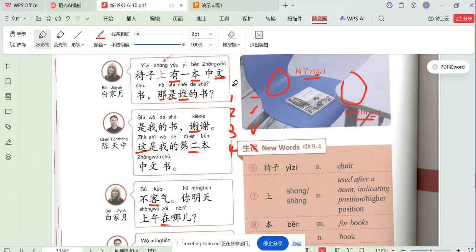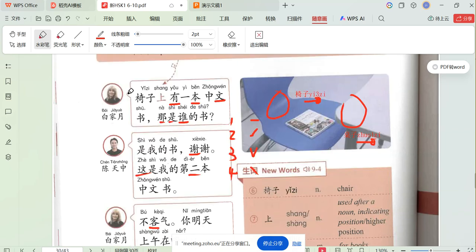So these numbers are the tones of those Chinese characters. The number I write in pinyin means their tones. If you have any question, you can directly ask me on WhatsApp.